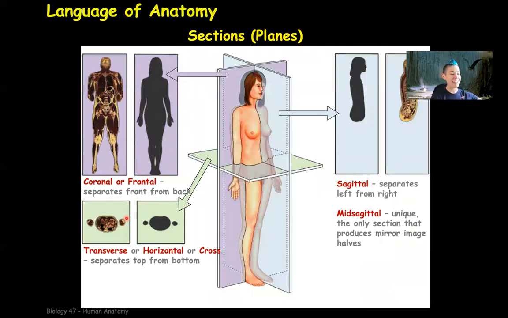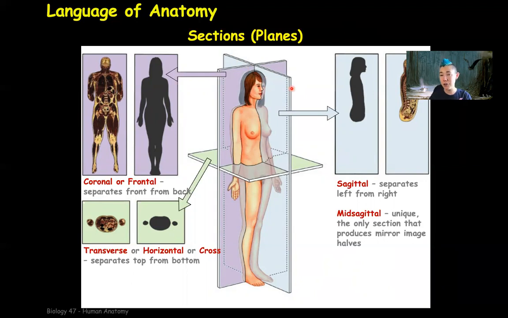One last thing would be planes of section. The human body can be dismantled or dissected, or you can simply visualize, using for instance visualization technology, to divide the body up into these imaginary planes. These are flat surfaces that could pass through the body. So the first one I'll talk about is what's illustrated in blue here, and this is a sagittal plane.